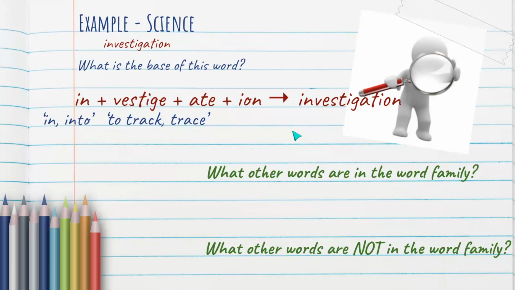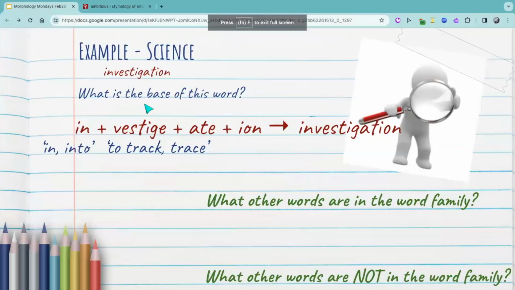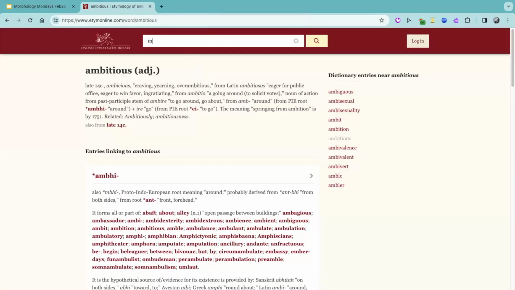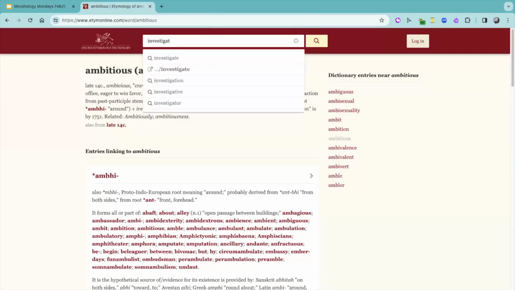Now, once you've got this information, this is about doing some thinking, taking what I know, fleshing it out. And then you go to the online dictionary and you look up the word investigate. Or investigation, I think is what I had.